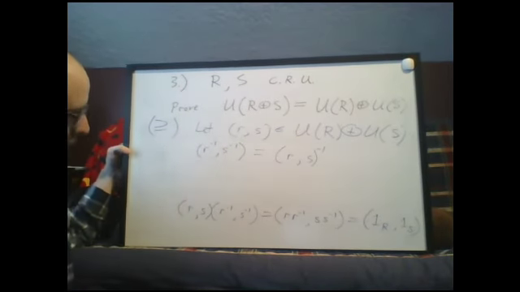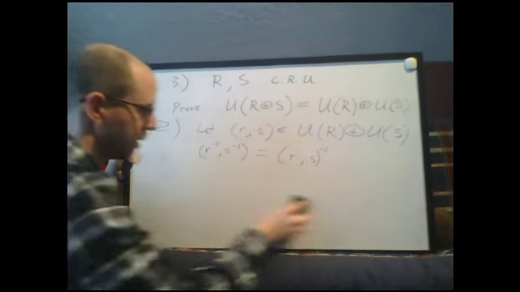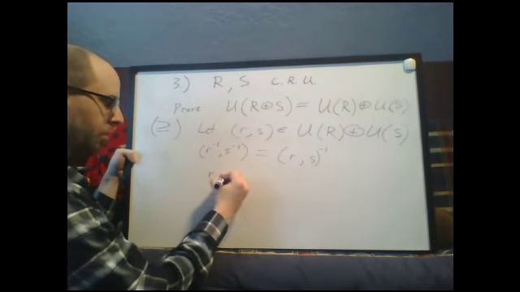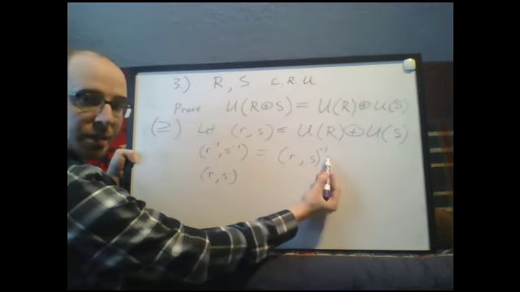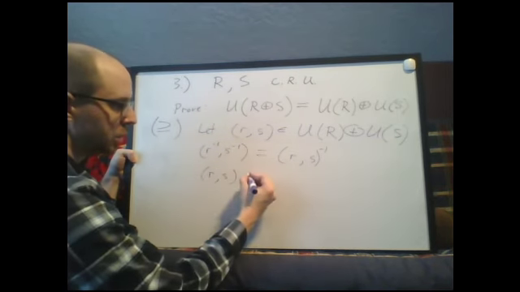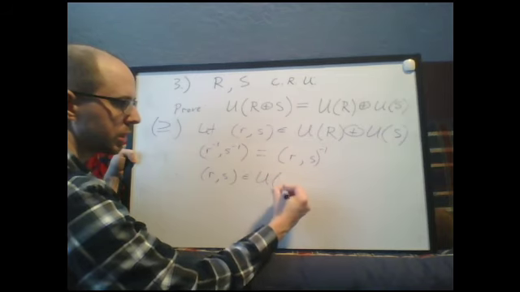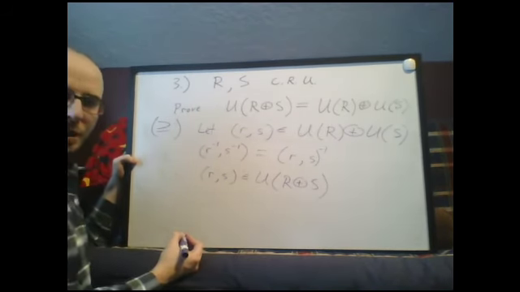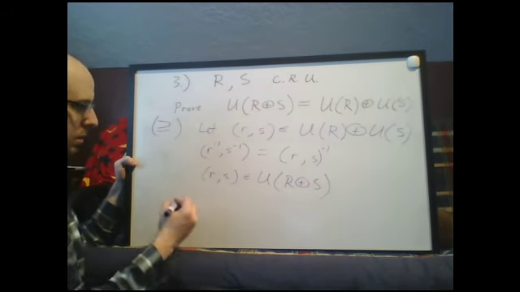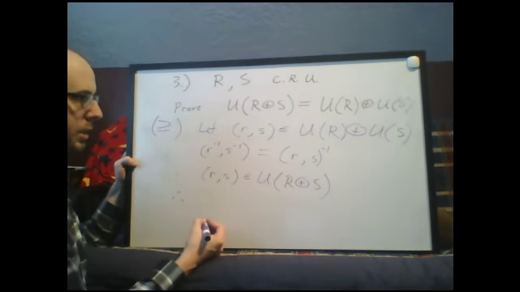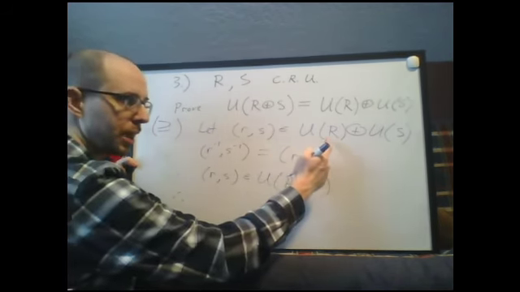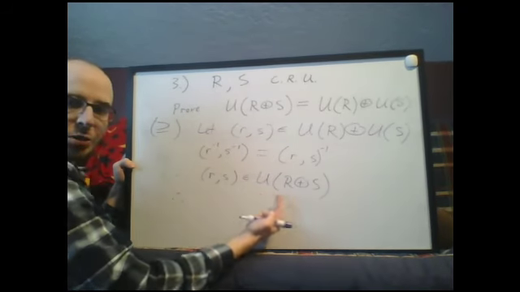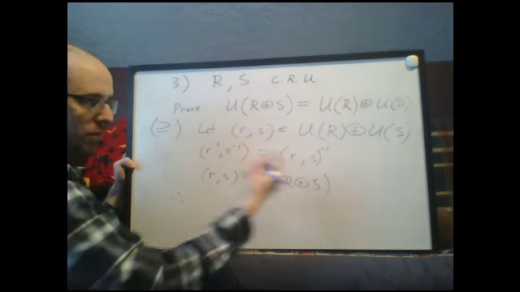So finally, we've said that (r,s) has an inverse, which is this, so that means it's an element of the units of R plus S. It's a unit of R plus S. So finally, that's telling us that if we start with something in the sum U of R plus U of S, it's actually in U of R plus S. So we have that containment.